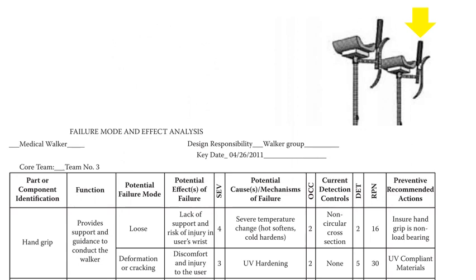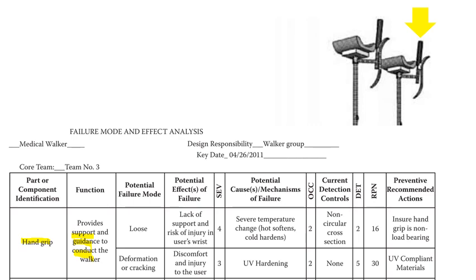So let's take a look at how this design team applies FMEA to their product concept. So they look at the hand grip component. The function is that this hand grip provides support and guidance to control the walker.